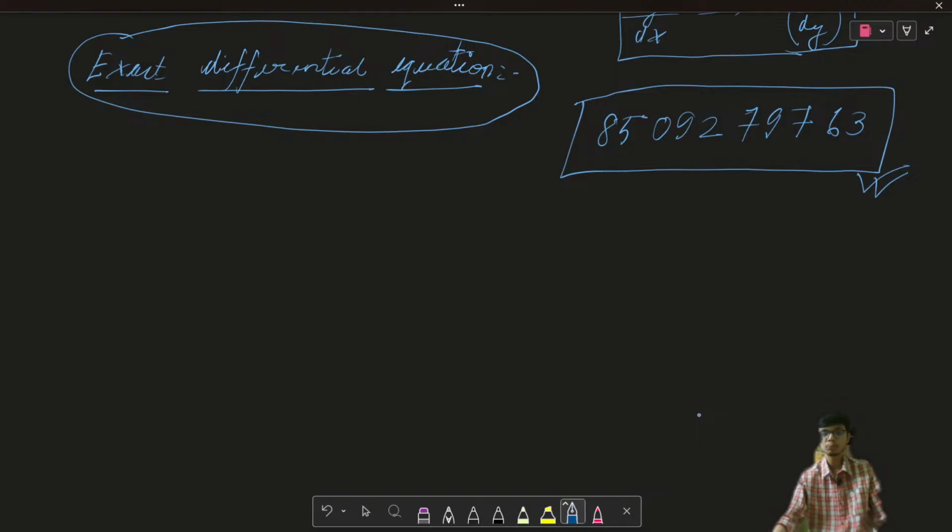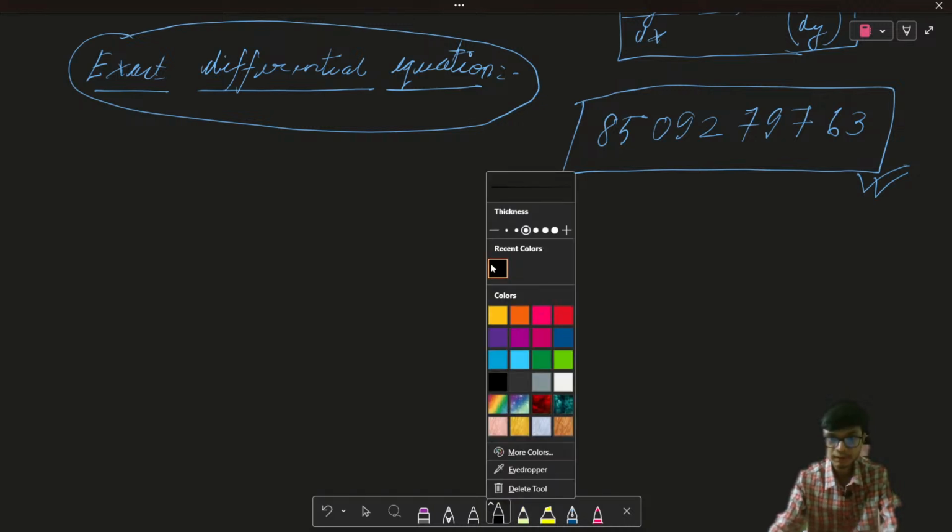So with this part, let's get started with our discussion on exact differential equation.